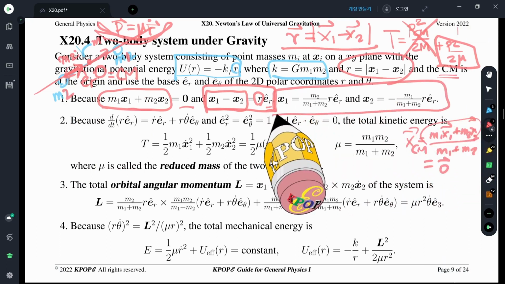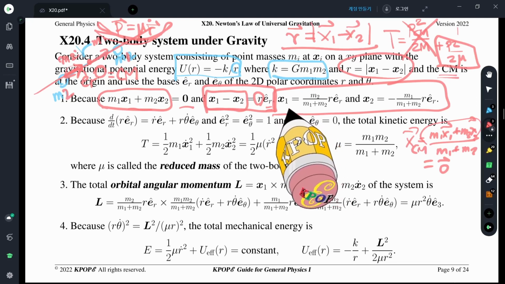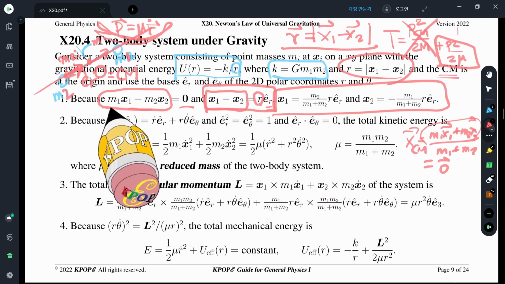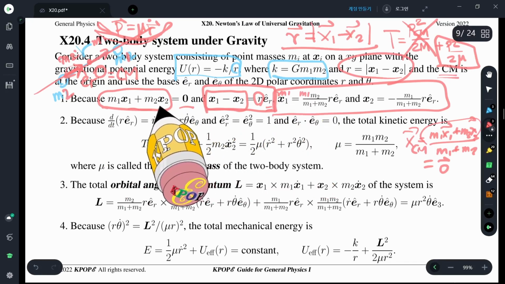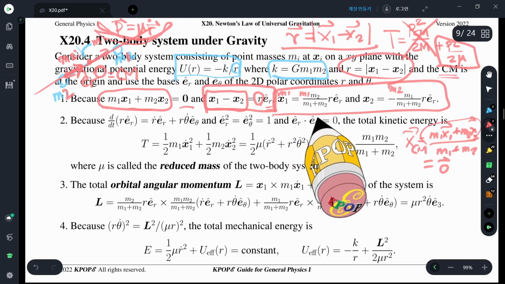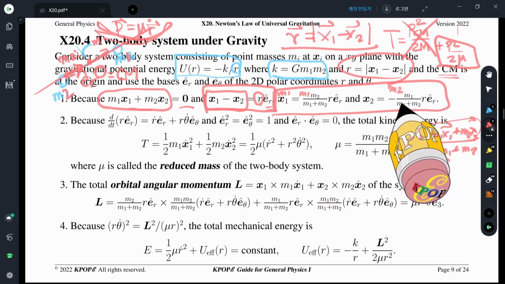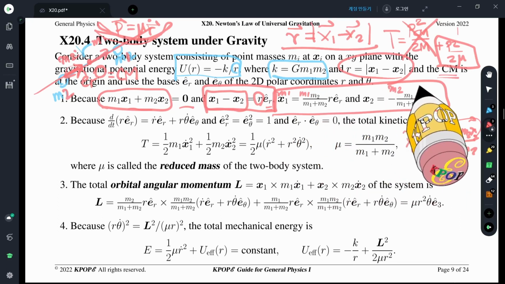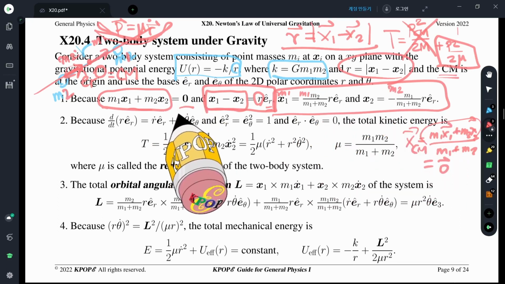We can check. x1 multiplied by m1, that is m1 m2, and x2 multiplied by m2, that is m2 m1. So if we sum these two, the magnitude is the same and the sign is opposite, so it vanishes.